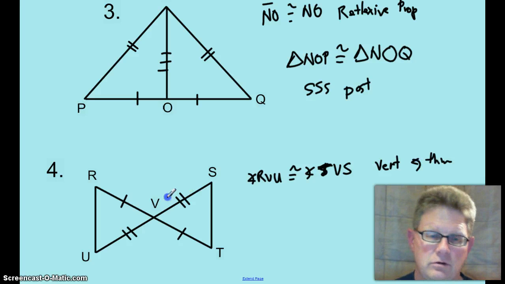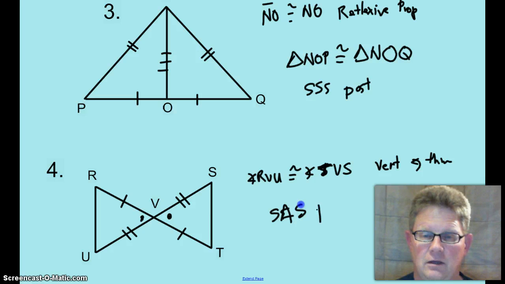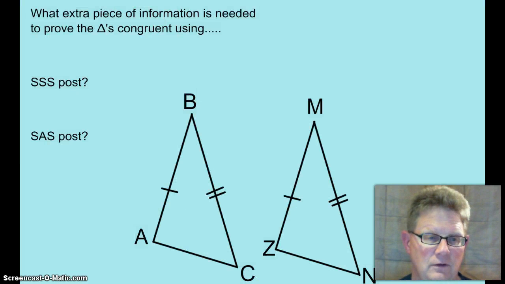Vertical angles are congruent. That angle right there is congruent to that angle right here. Notice that those sides surround the angle, so that is going to be using the side angle side postulate. That is how we get triangles congruent. Let's quickly move on, seeing how we've got about 45 seconds.